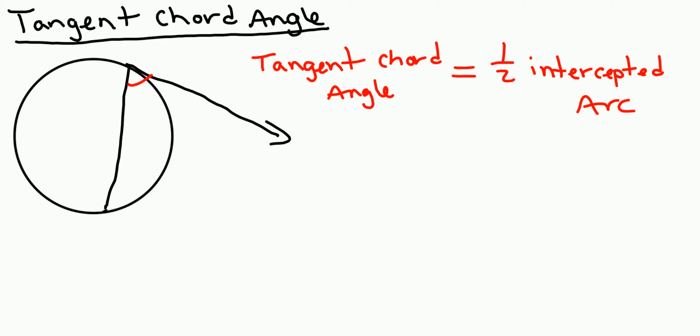Alright, so that means if we said that this angle right here was 50 degrees, and from this point to this point is the intercepted arc, so that would mean that this arc was 100 degrees.